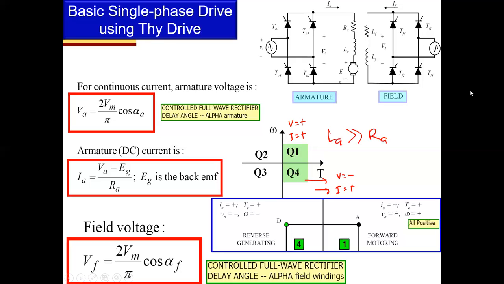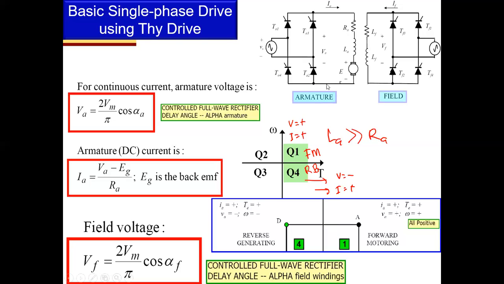So this circuit is limited to only 2 quadrants, forward motoring and reverse braking, meaning that the current is positive in both.